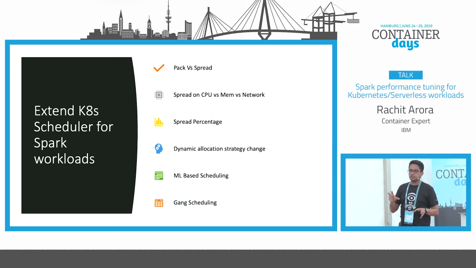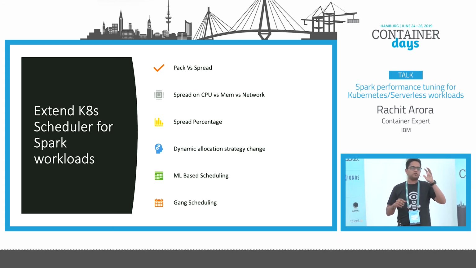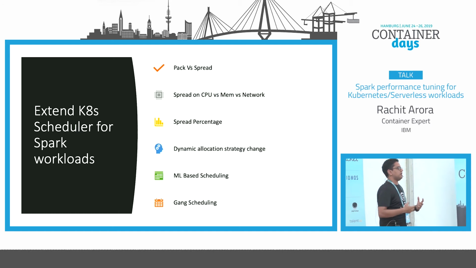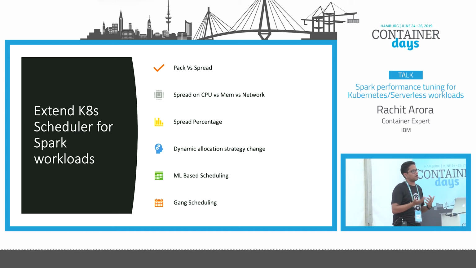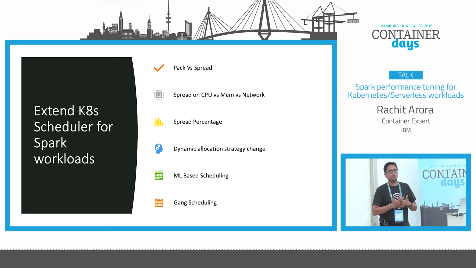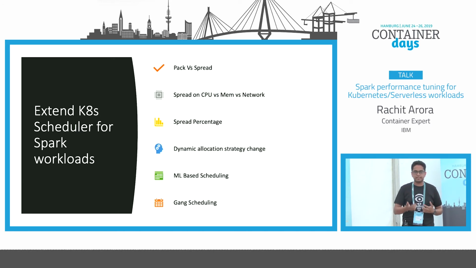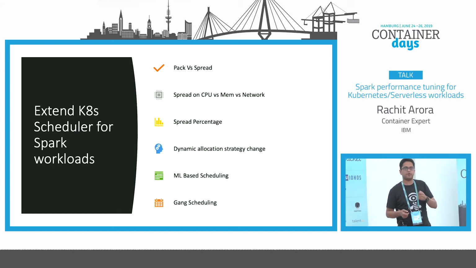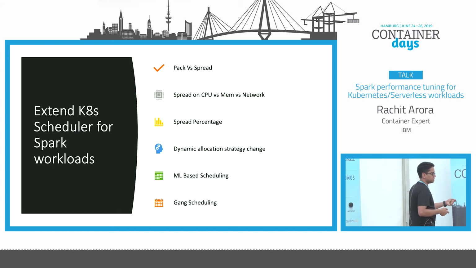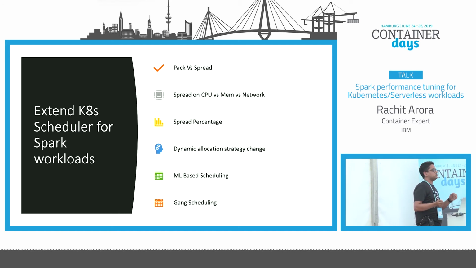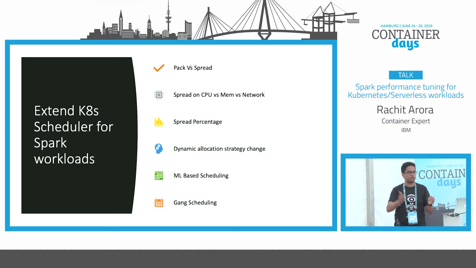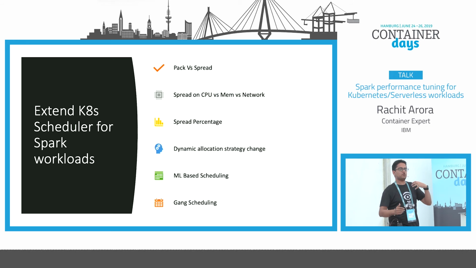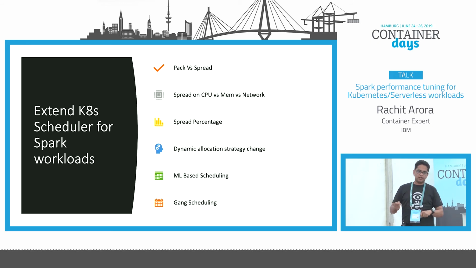One additional point is that the default Kubernetes scheduler is not a very good fit for running your Spark workloads. You may want to change the scheduling strategy of your executors depending upon the various use cases you have. At some points, you may want to pack your executors, and at other points, you may want to spread them. You may want to pack your executors on CPU or memory or on network.